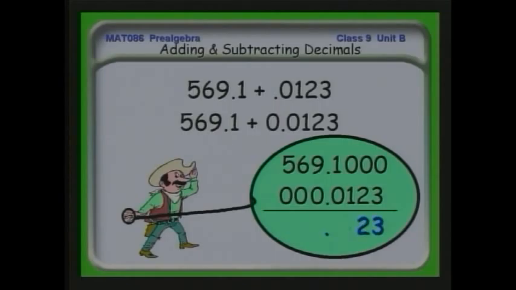Then, of course, I can just do the addition as you would normally do an addition, and there's the result. Whenever you have something that doesn't look like it's going to work together, remember that after you line up those decimal points, it's always easy to add zeros to the right, and you don't change that value.